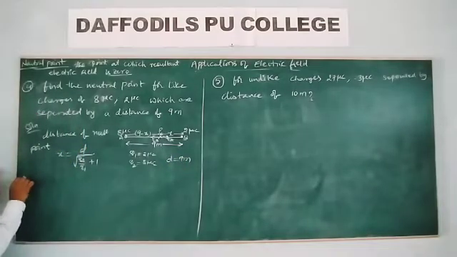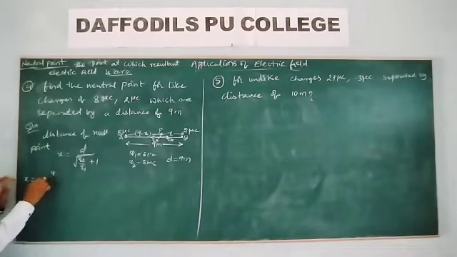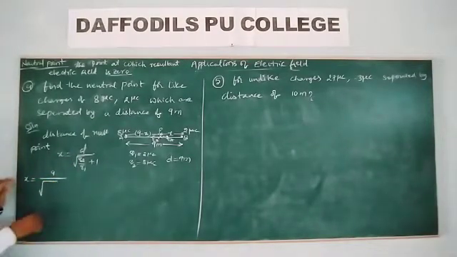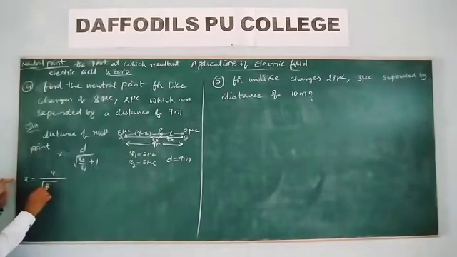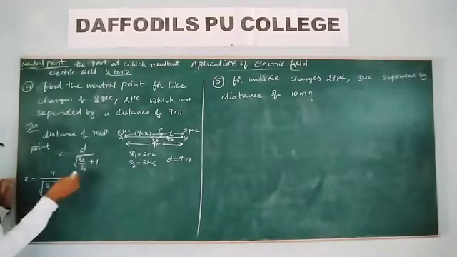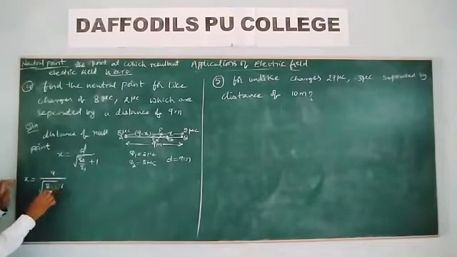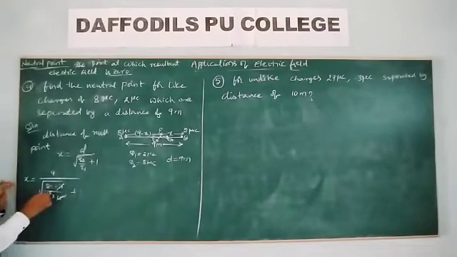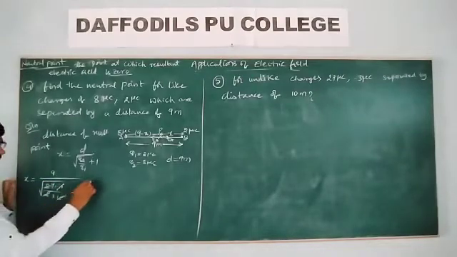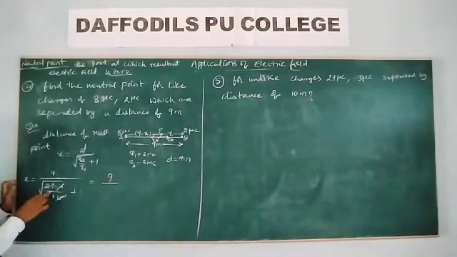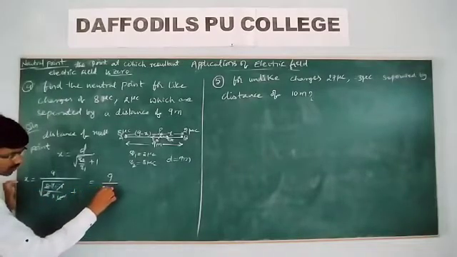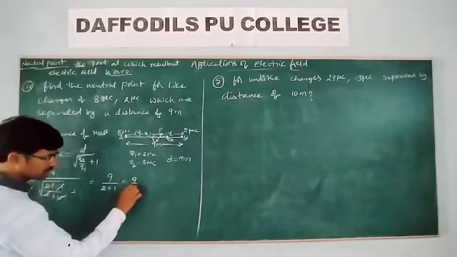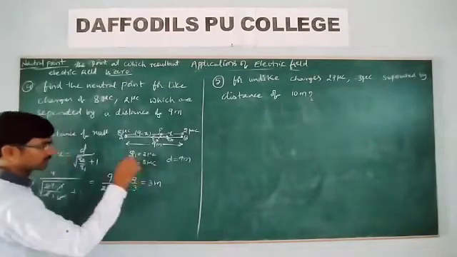Now x is equal to 9 by root over q2 by q1, that is 8 by 2, the micro cancels, 10 power minus 6 by 10 power minus 6, plus 1. 8 by 2 is 4, so 9 by root 4 plus 1, is equal to 9 by 3, which is 3 meter.